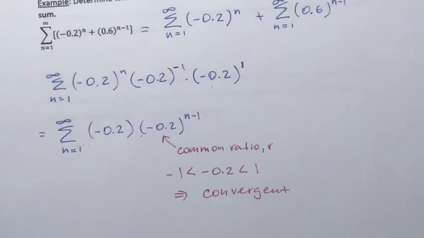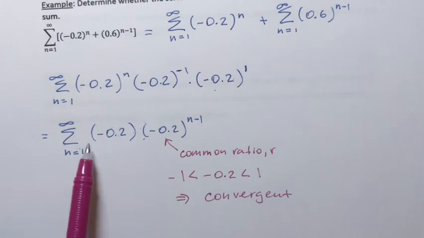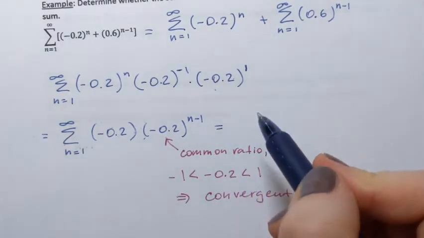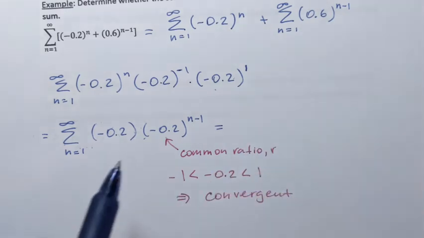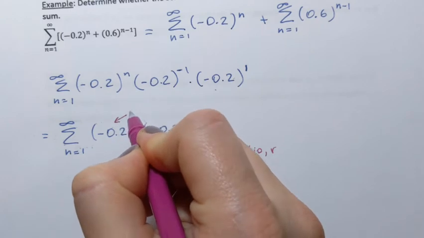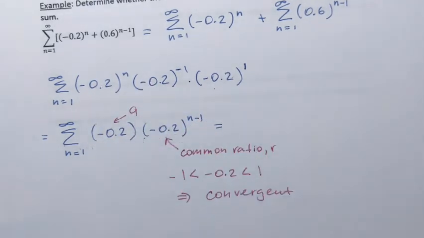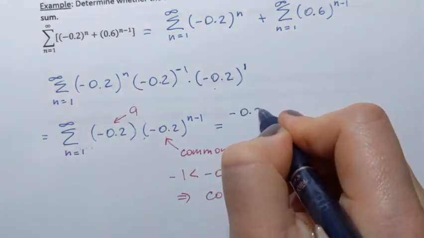Right? And since it's convergent, I can find its sum, and I do it by using the formula a over 1 minus r. Now a is this number over here, the constant by which I'm multiplying the common ratio with its power. So a is negative 0.2.